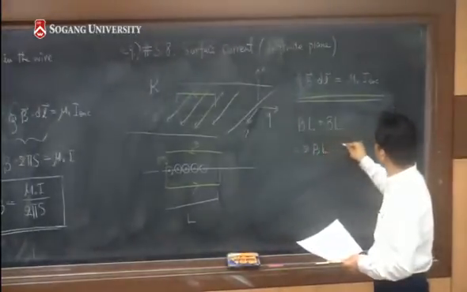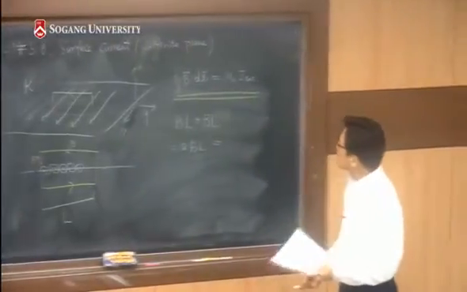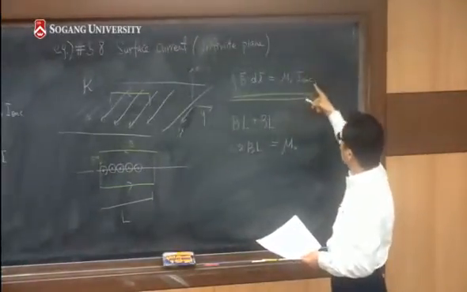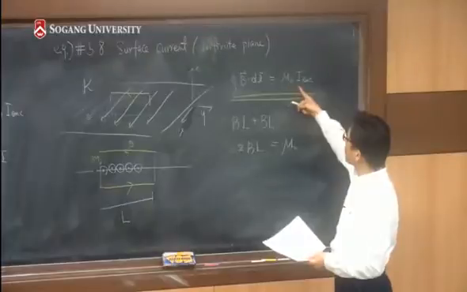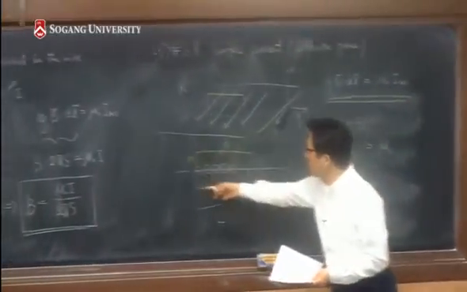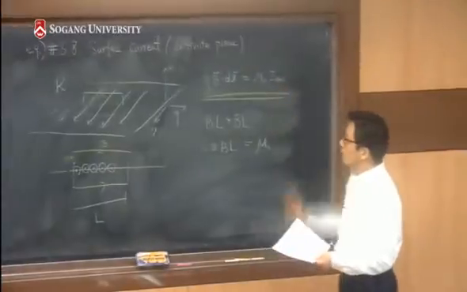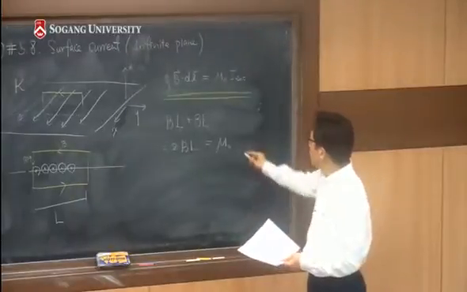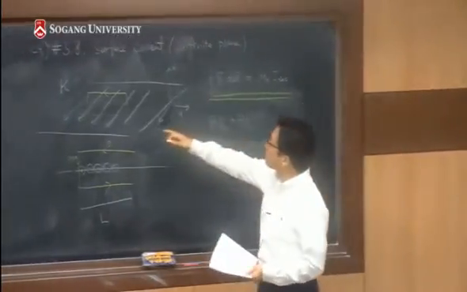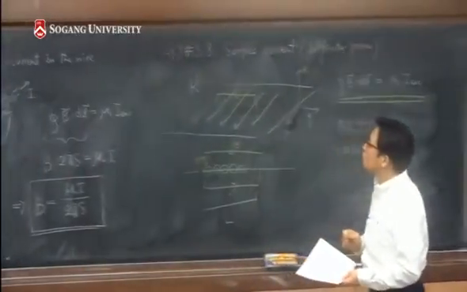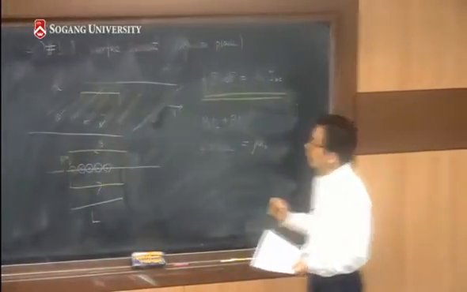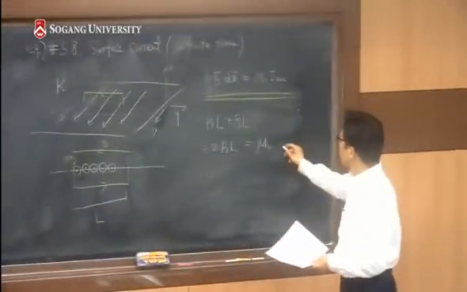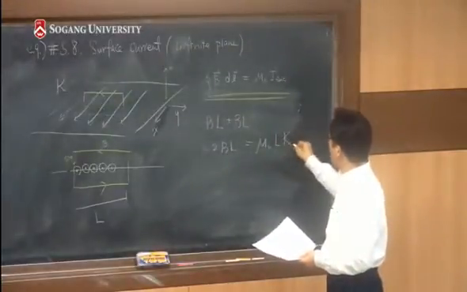And in this case, on the right-hand side, you should have mu 0 times the total amount of current enclosed by Ampere's rule, which will correspond to kappa. Kappa is the surface current density, which gives a current when you multiply by the length, so L times kappa will correspond to the total current in this case.